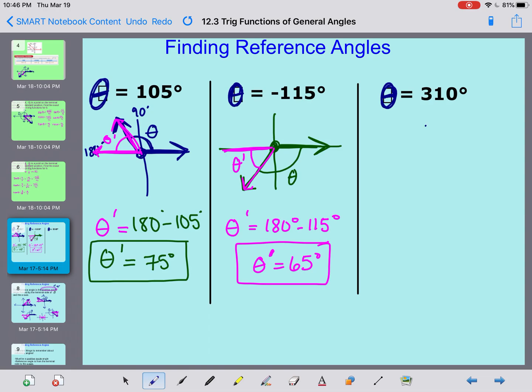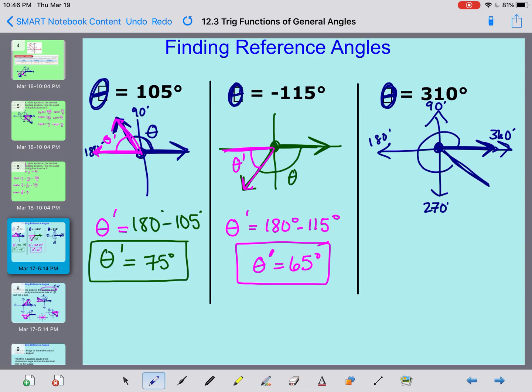All right, 310. Initial side. This is 90, this is 180, this is 270, this is back to 360. So I'm going to go all the way around. There's my terminal side.